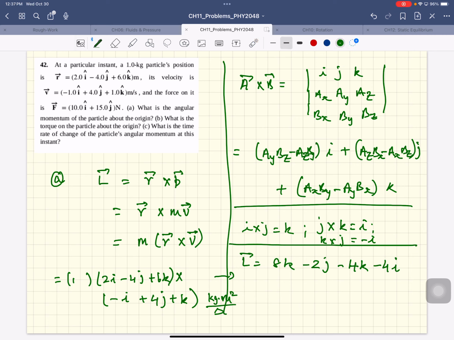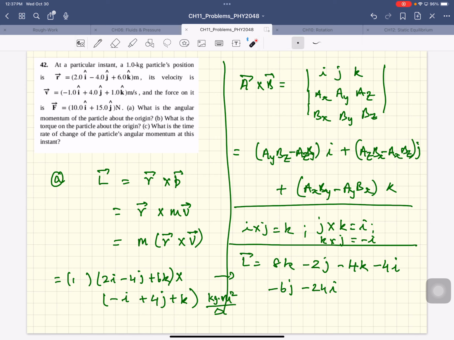Then the last term: k cross i is j, that's minus 6j. k cross j is minus i, so that's minus 24i. And k cross k is 0.